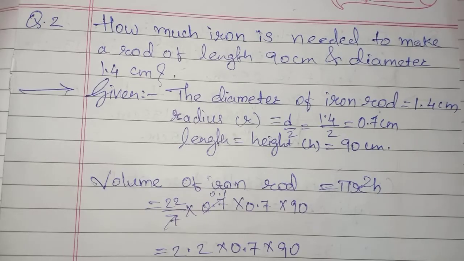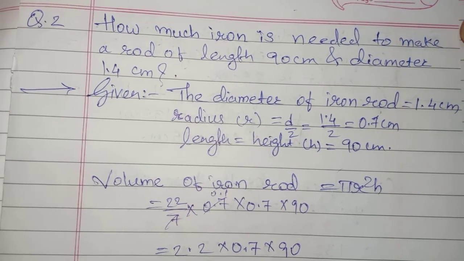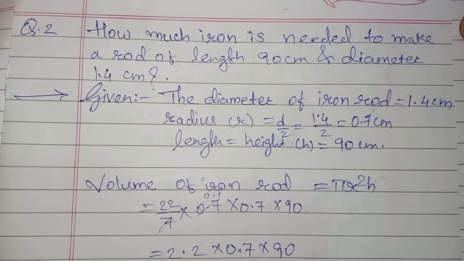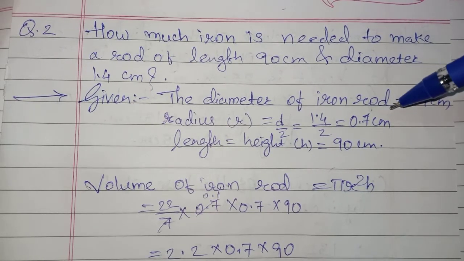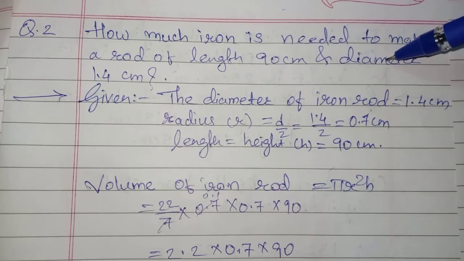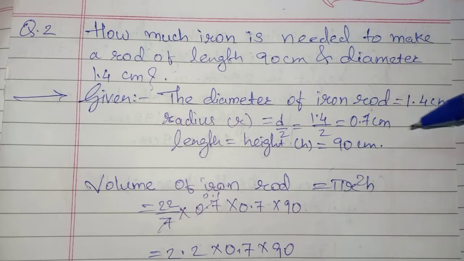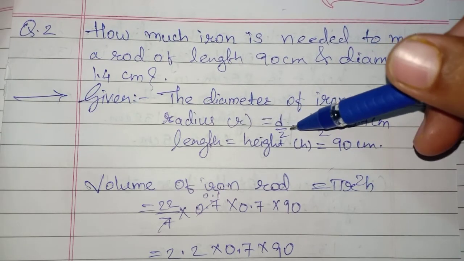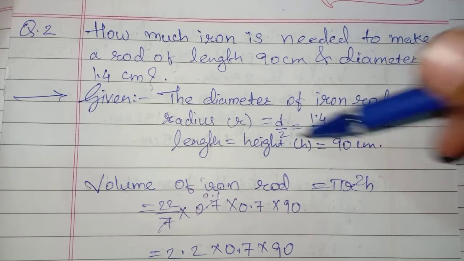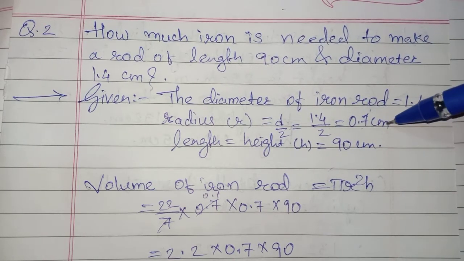Next, question number 2. How much iron is needed to make a rod of length 90 centimeters and diameter 1.4 centimeter? See children, whenever diameter is given, remember to convert the diameter into radius, because we are using the formula with radius. So diameter divided by 2: 1.4 divided by 2 is 0.7 centimeters.